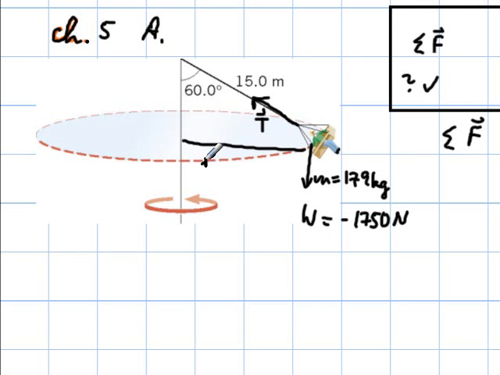So r equals 15.0 times something, cosine or sine of 60 degrees. Well, I don't like angles being measured from the vertical, so I'll be measuring the angle here from the positive x-axis.